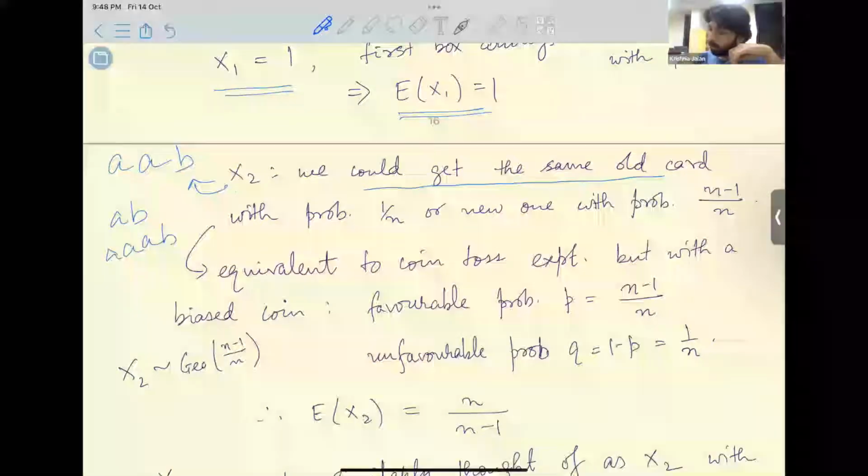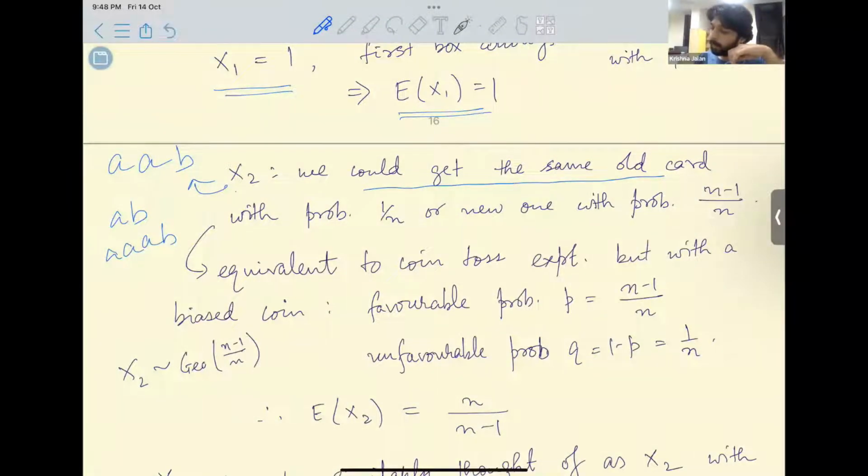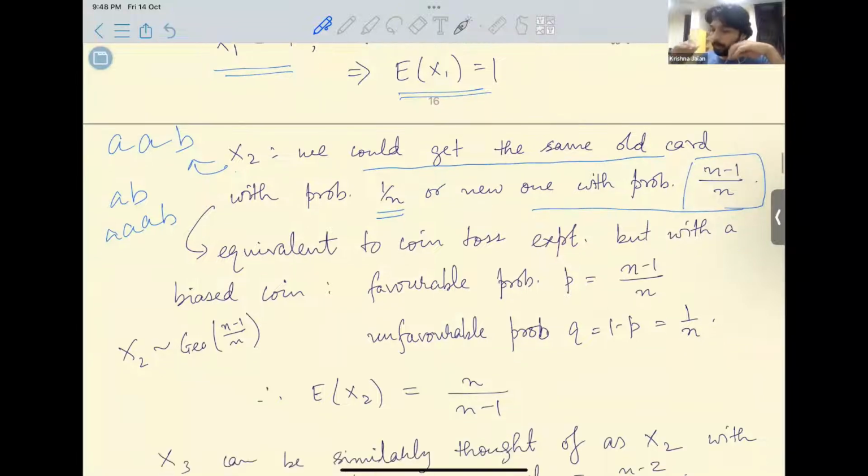So what I say is that with X_2, I get an old card with probability 1 by n because there is only one card. To get that card, the probability is 1 by n. And to get a new card, I have a probability of n minus 1 over n because there are n minus 1 favorable events for my X_2. So if you think carefully, let me write it properly.